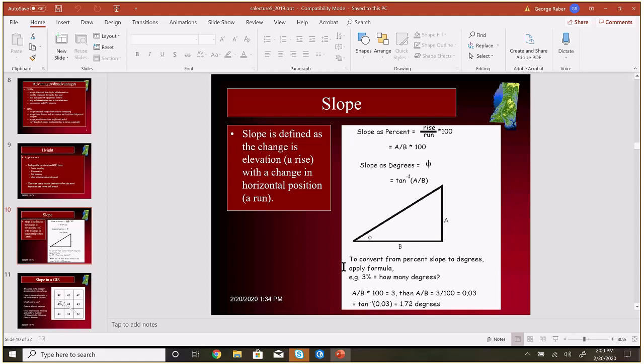So slope is really a map of change. That's important to understand. In mathematics, it's often referred to as the derivative, the first derivative. When you do calculus, we're not going to do calculus today, but when you calculate the derivative at a point along a function, you're calculating the slope at that point of a function.